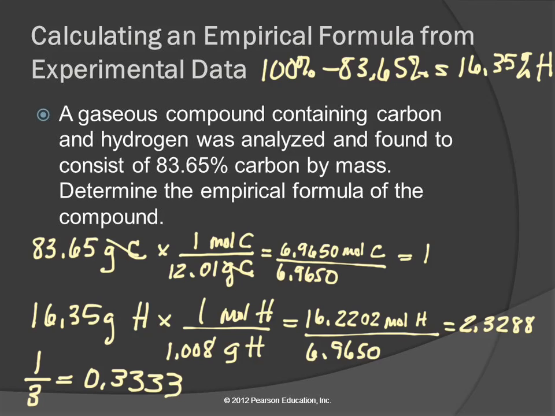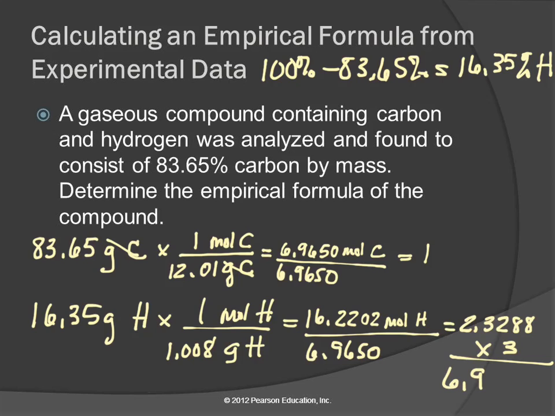That's really close to 7. So if I multiply this by 3, I get 6.986. I have to do the same thing to this one. I multiply that by 3, I get 3.